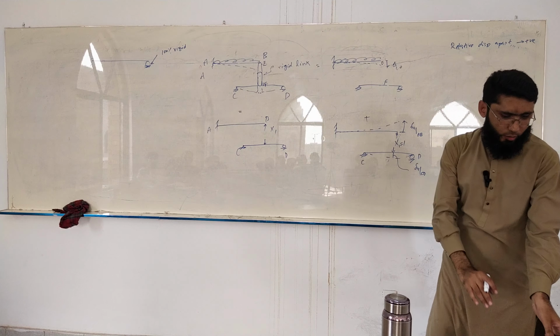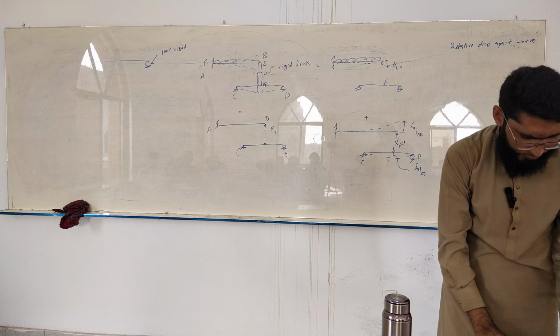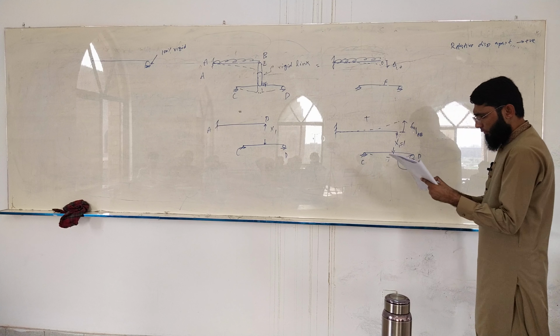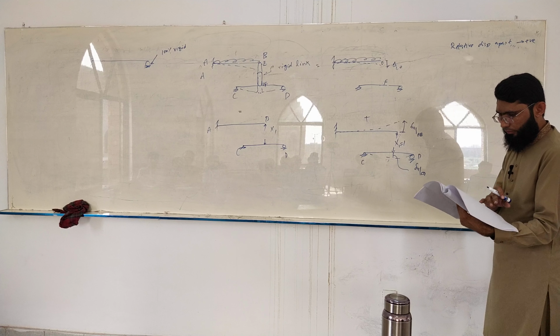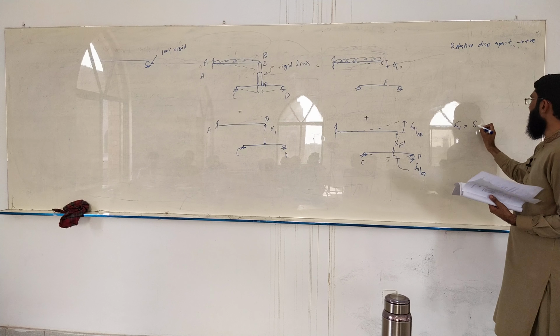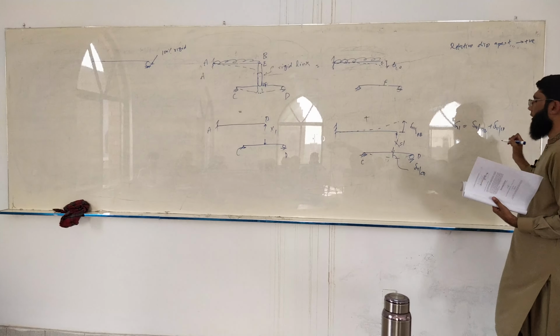So I can write down the compatibility equation just as we do in the normal way. Let me first write this down. Delta 1 1 would be equal to delta 1 1 AB plus delta 1 1 coming from CD.